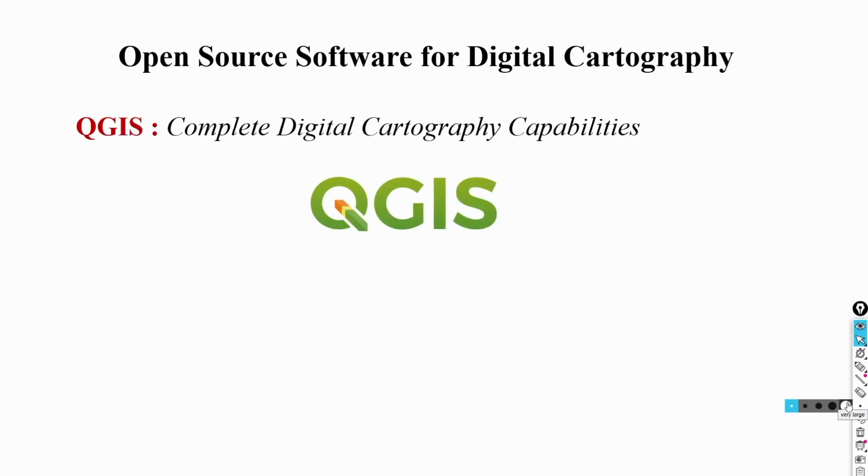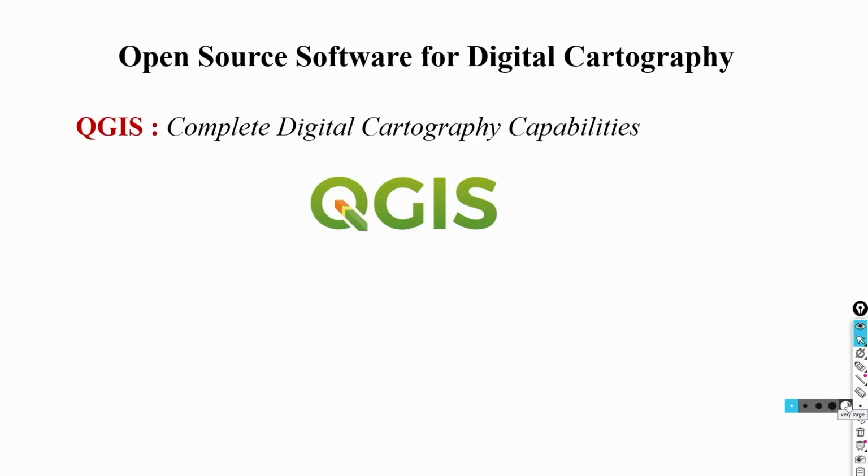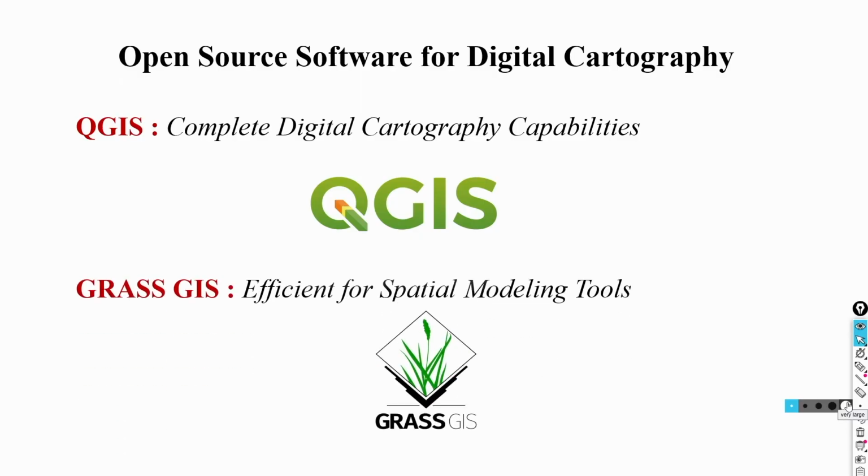The topmost is QGIS. It gives you the complete package, it gives you extensive functionalities, and in this lecture and the coming series of lectures we are going to discuss QGIS only. We will be teaching you how to use QGIS to do some basic mapping operations. And next to QGIS you have GRASS GIS, which is very specifically used for modeling.